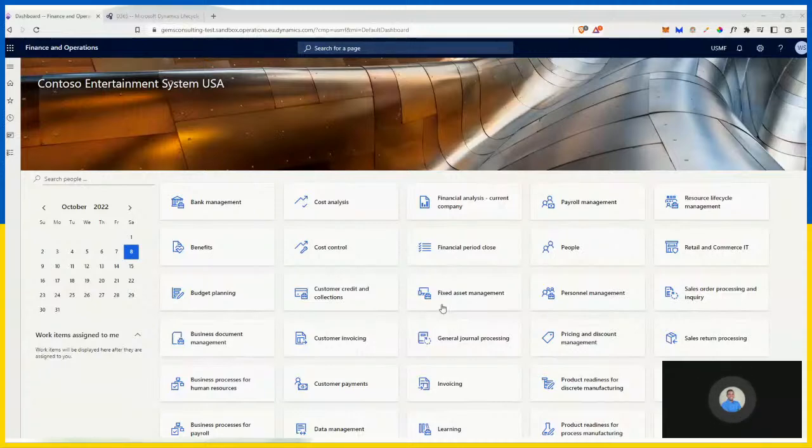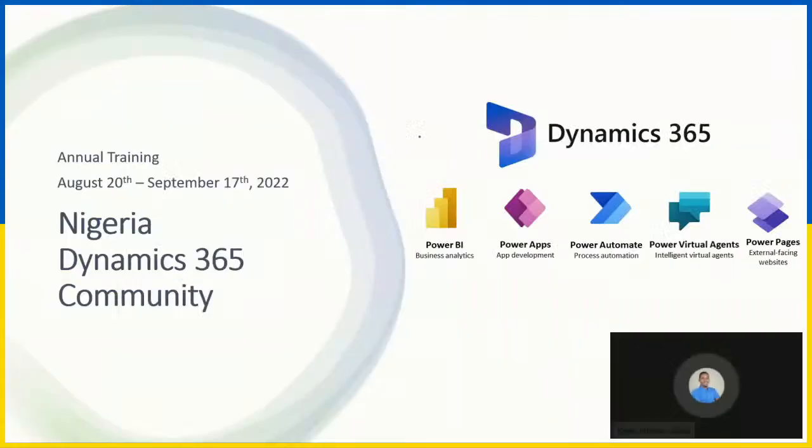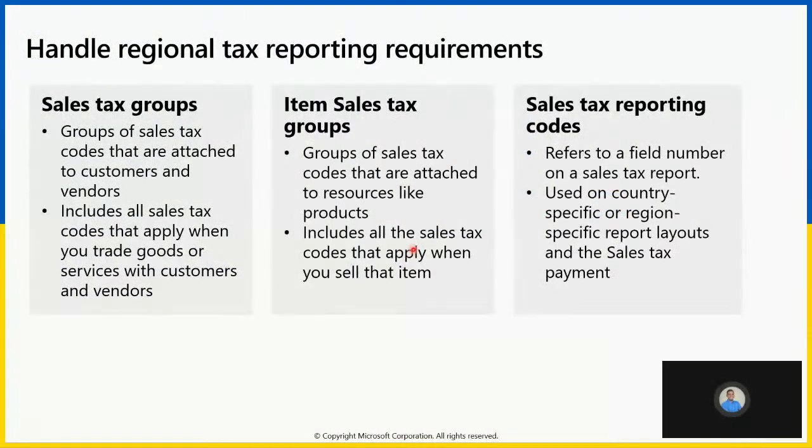Take for instance, I'm making a sale of 3 laptops. The system should be able to calculate tax on these sales and post them into an account. And at the end of the month, at the end of the quarter, terms like sales tax group, item sales tax group, sales tax reporting code.